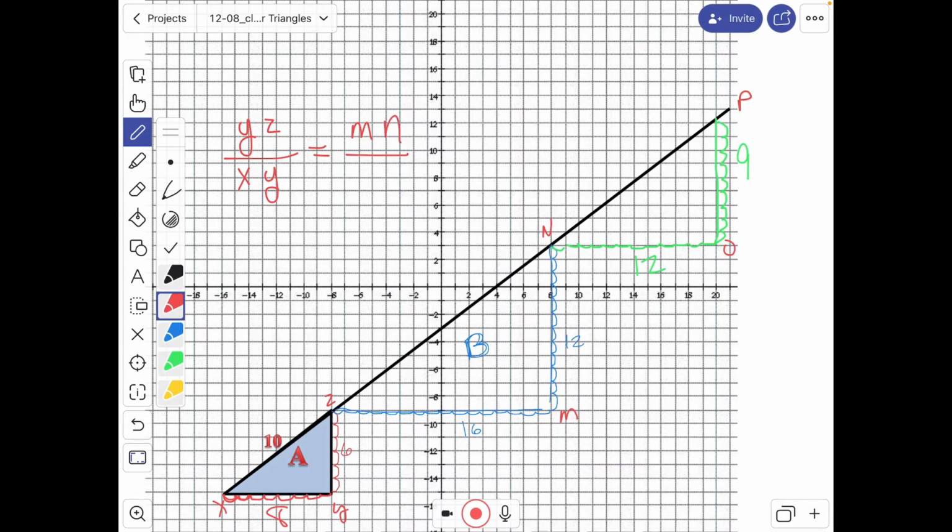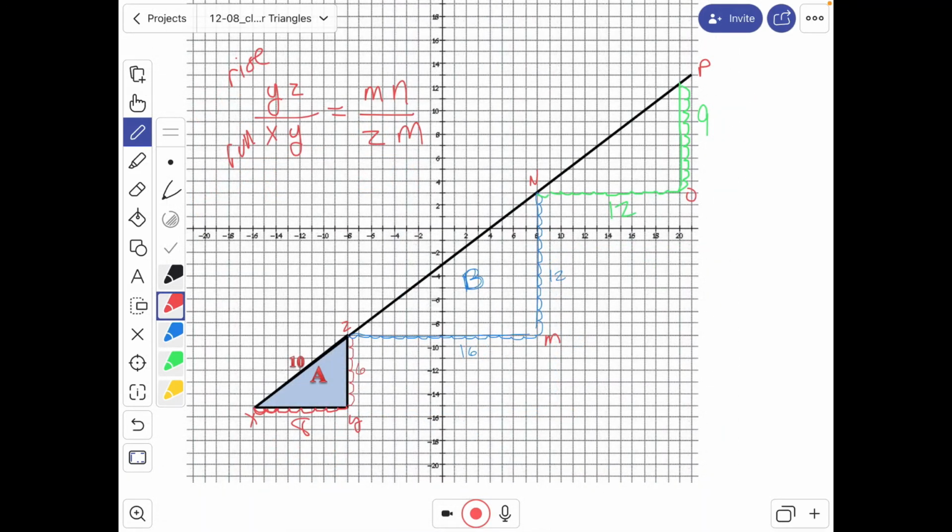The right triangle was Y, and then B, the right triangle is M, so MN, and then for the run, that would be ZM. And you're going to be asked to do that today. Set up some proportions. So the rise over the run, and you just use the letters instead of the numbers.